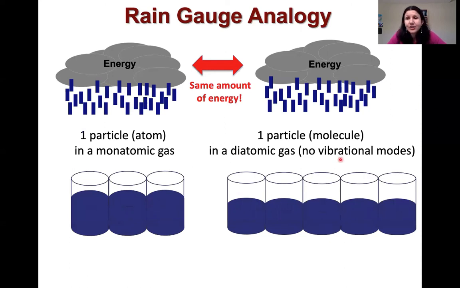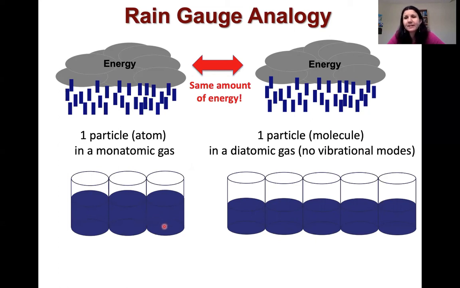rain to each system, but for monatomic gas, we only have 3 buckets per atom, where we have, let's say, when there are no vibrational modes, 5 for diatomic gas. So if we added the same amount of rain, then each bucket here will get more water than each bucket here, just because we have fewer buckets. So more water per bucket.